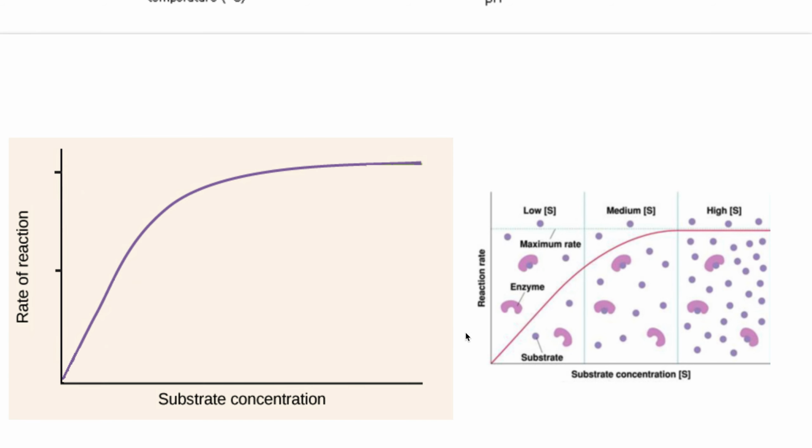But if I keep dumping more and more substrate, now in the same space I've got heaps more substrate particles. The chances of them colliding is higher. So now I've got 2 enzymes maybe per few seconds that are actually binding substrate and turning into product. So now I've got more product being made.